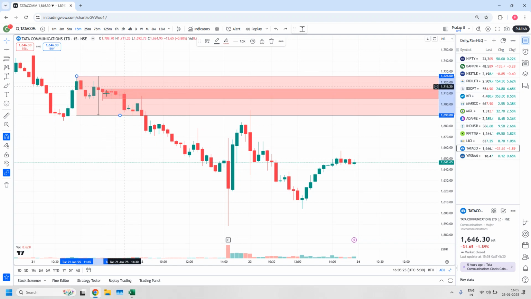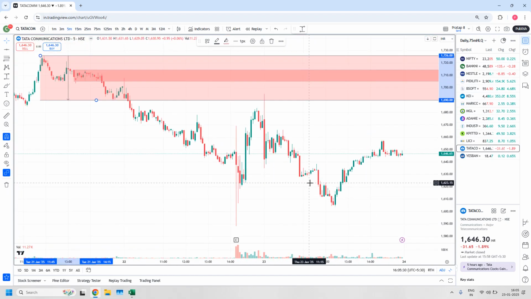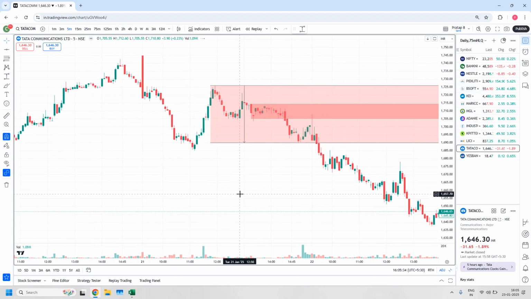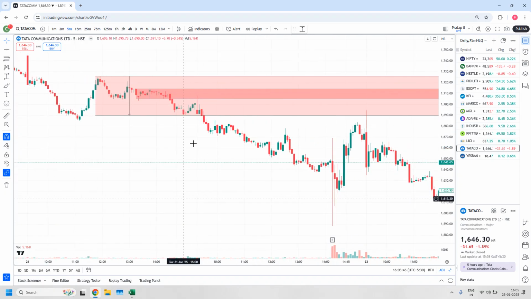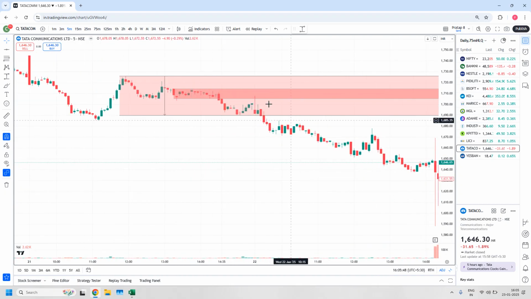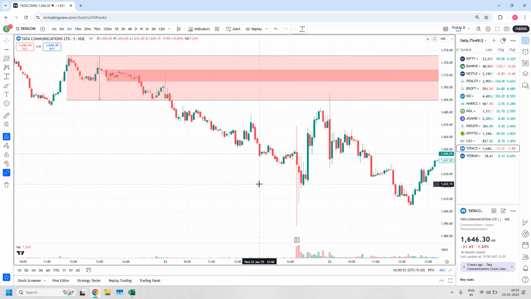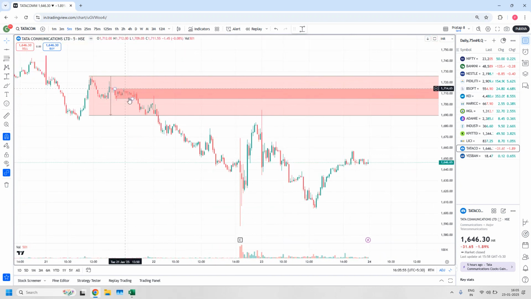That way I have drawn this zone. But it doesn't have a proper 5-minute structure. See all these candles in the 5-minute structure, so many base candles. You have a drop and all these base candles. You have lagged follow-through candles. Such kind of zones should be violated. Here prices entered but did not violate. But anyway, there could be other reasons behind that. But according to our strategy, we don't trade in such kind of zones.